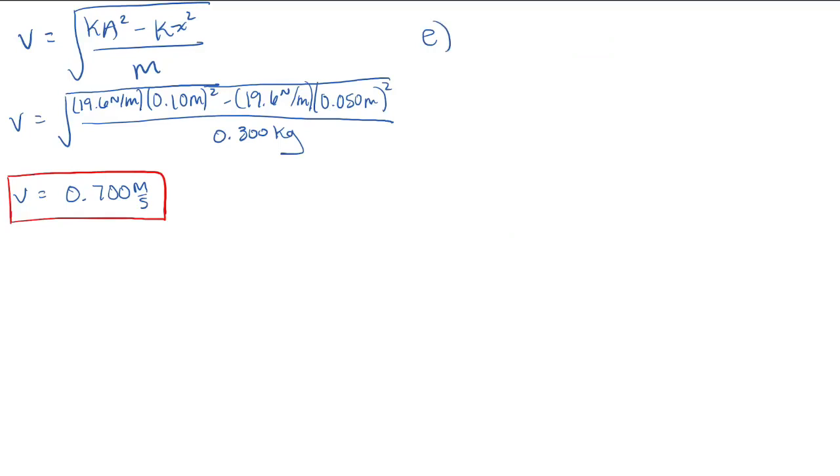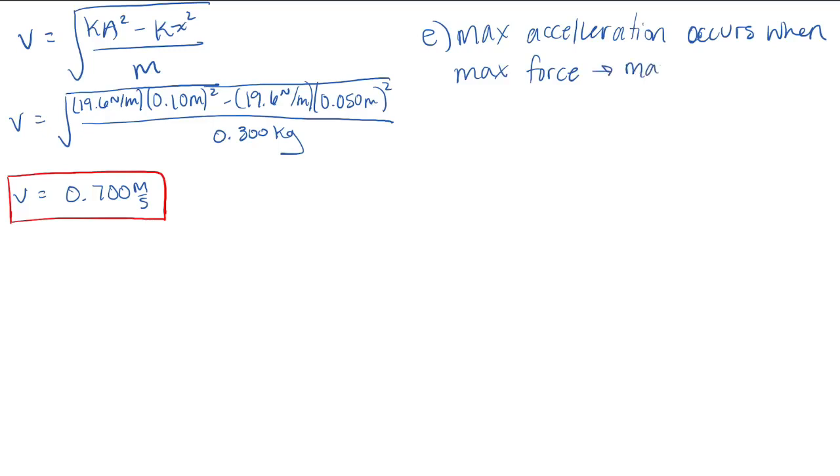We know that we have maximum force. So maximum acceleration occurs when we have maximum force, which is also when we have maximum displacement, because that's when the force most wants to get it back to equilibrium, when it's furthest away from it.